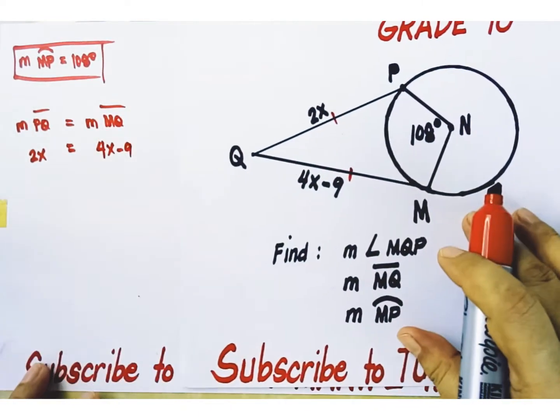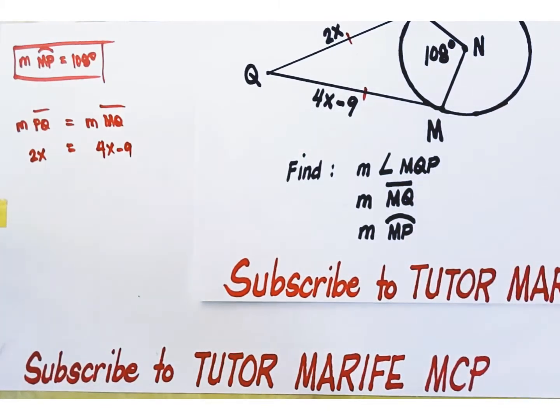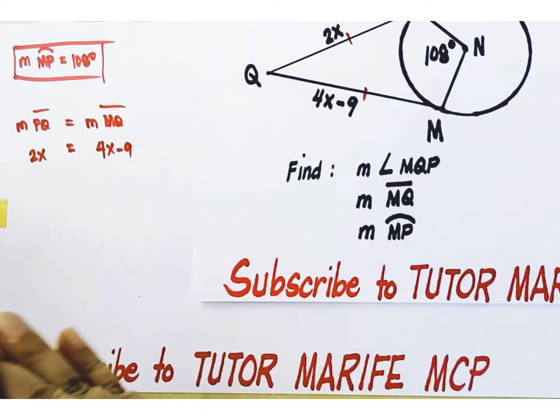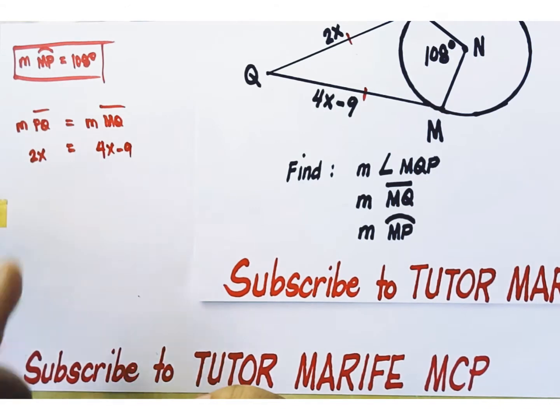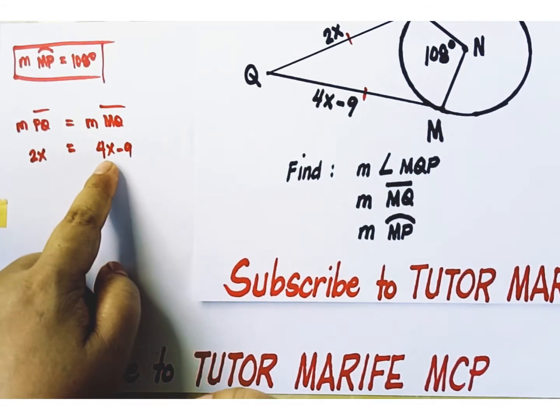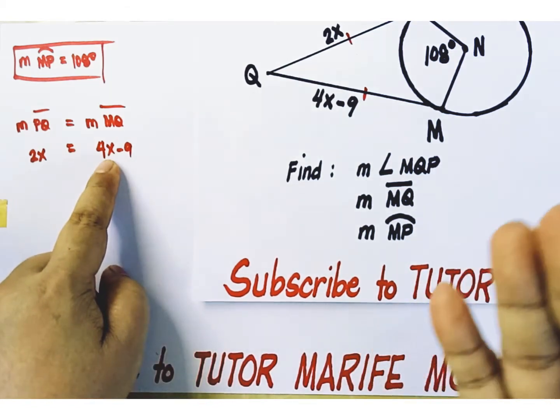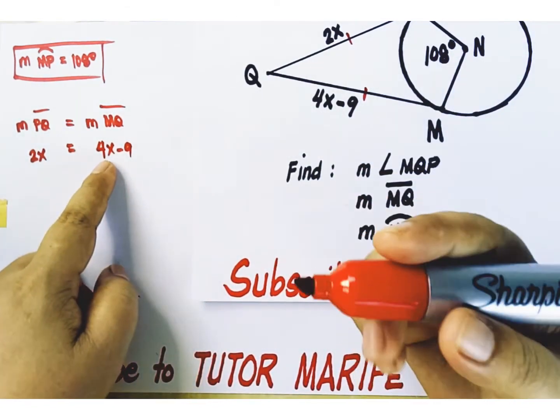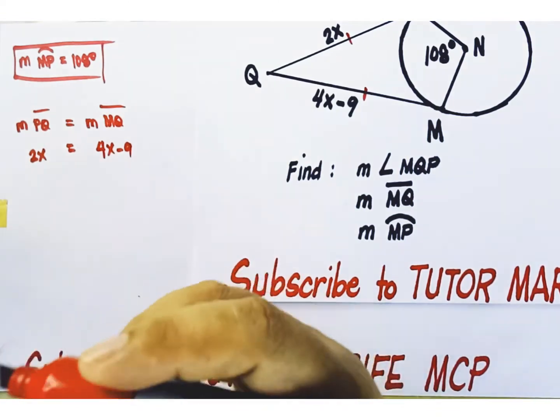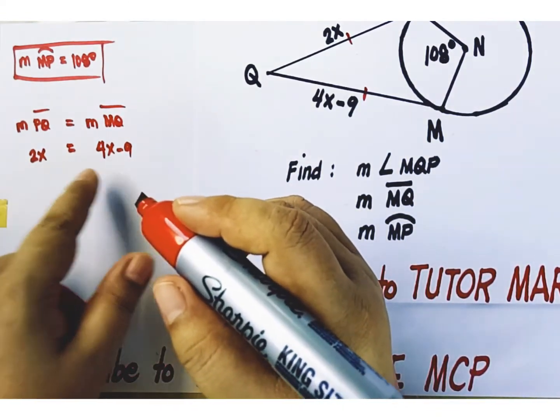Let's now solve for x. Let's collect the x terms on the left side of the equation. So to eliminate the x term on the right side of the equation, let's use the subtraction property of equality. Subtract 4x from both sides of the equation.